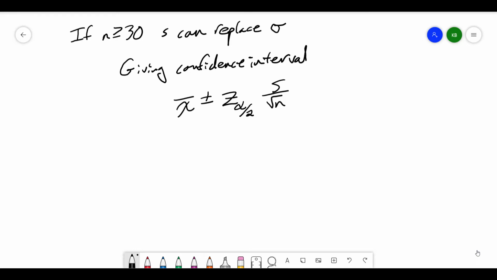And then we multiply times the sample standard deviation divided by the square root of the sample size, rather than the population standard deviation, since we don't know what the population standard deviation is. And again, this is an approximation that is appropriate whenever we have a sample size greater than or equal to 30, and we don't know the population standard deviation or variance to be able to find the standard deviation.